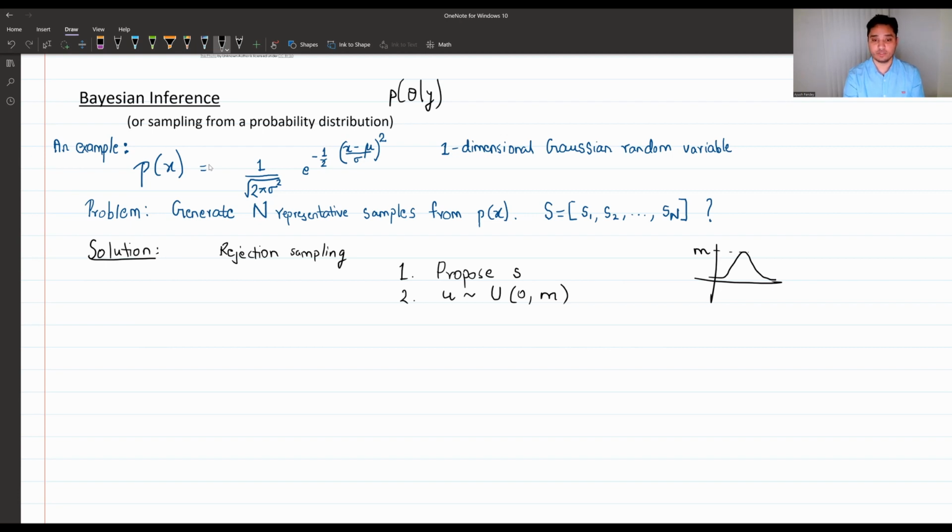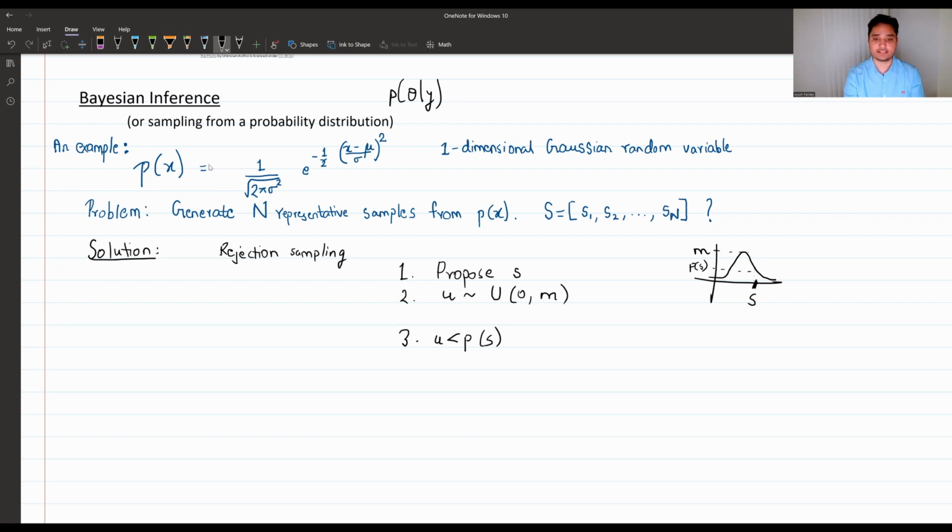And the third step is to check whether P of S, so what is P of S? So if, let's say we sample this value, right? In the first step, propose S, let's say we have this value. So that is P of S. And we can compute this because we know what the probability distribution is. So if U, the sample that we get from 0 to m uniform sampling, so that's the random sampling happening over here.